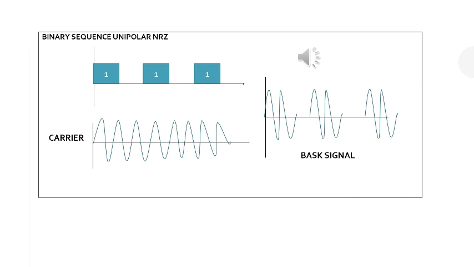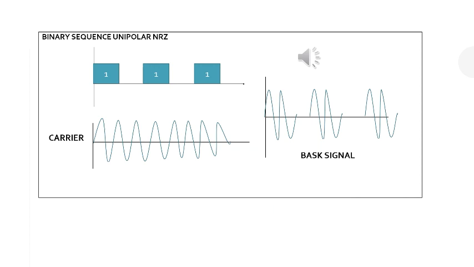Then after this we have the carrier signal. You know the carrier signal is a sinusoidal signal. Then this binary sequence, or the digital signal, modulates this carrier, and that gives the BASK signal, the binary amplitude shift keying signal.